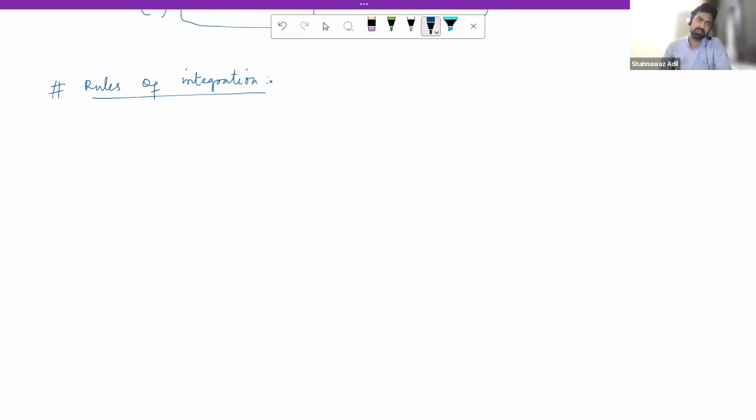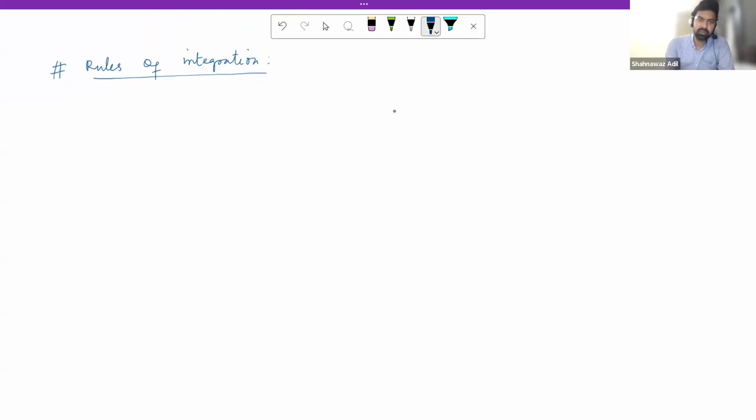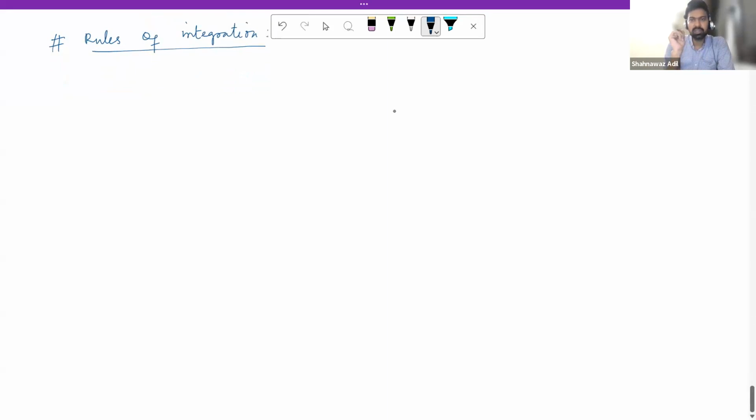There are lots of rules because integration is comparatively tough. Differentiation only had those six rules, and we can apply those rules anywhere. But integration is a tough one to handle, so that's why there are lots of rules. But we'll only study those which we require for our purpose.